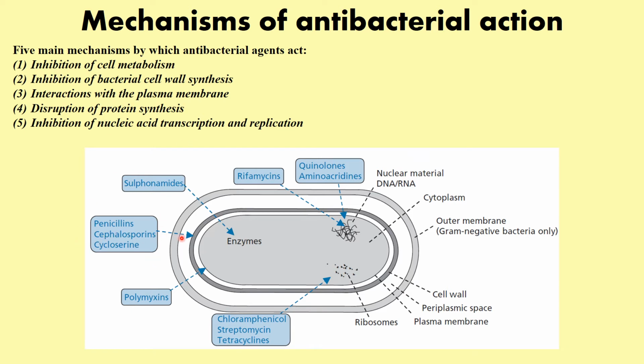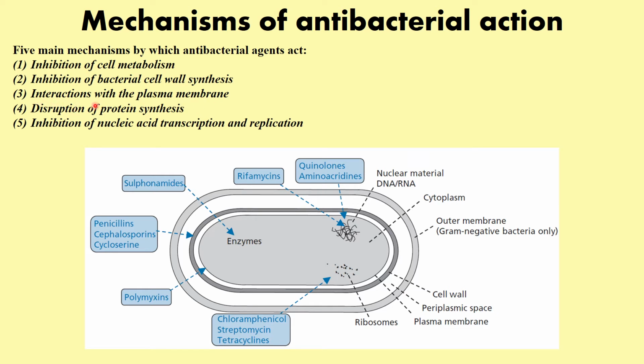We can clearly understand that if cell wall synthesis is inhibited, water can easily enter the cell, as a result of which the cell is going to swell and die because of cell bursting, or what we call cell lysis. So these are the three drugs which act by inhibiting bacterial cell wall synthesis.